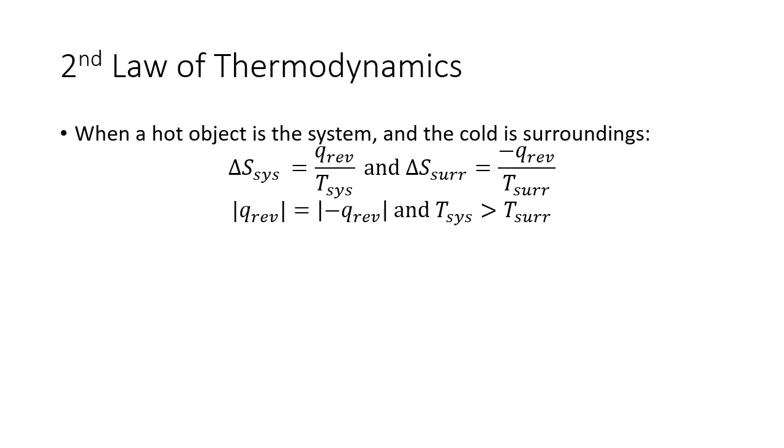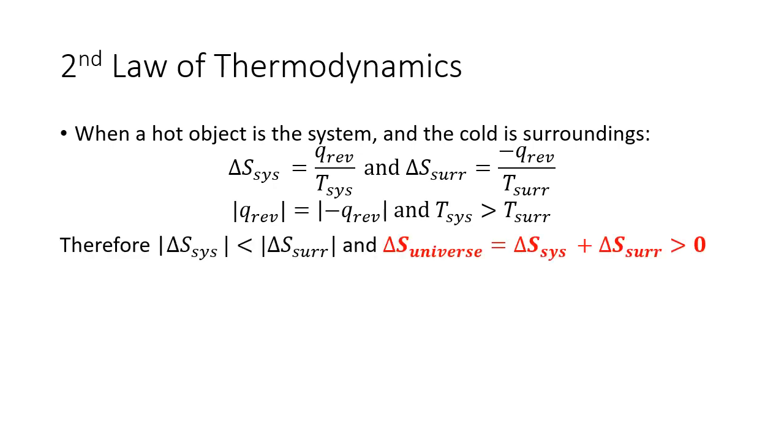So if we then apply that information to our delta S, the magnitude of the delta S system is less than the magnitude of delta S surroundings. Why? Because if you put a large number in a denominator, it is smaller than a smaller number in a denominator. Therefore, delta S of the universe is equal to delta S system plus delta S surroundings, which is greater than 0. So entropy will be greater than 0 if we have a spontaneous change occurring, which is what we're doing here.